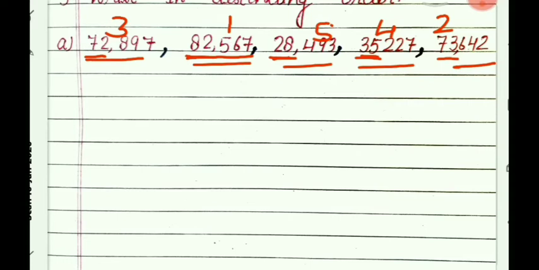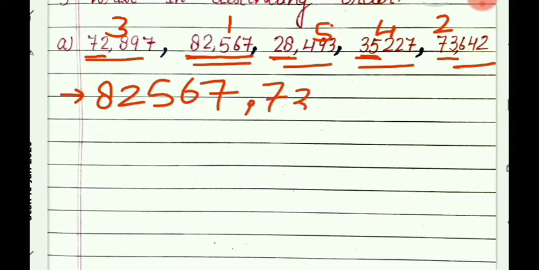Now we can arrange these numbers easily into descending order. As you can see, the first number coming is 82,567. First one this one will be, and then put a comma. Second number 73,642. Okay, put a comma.